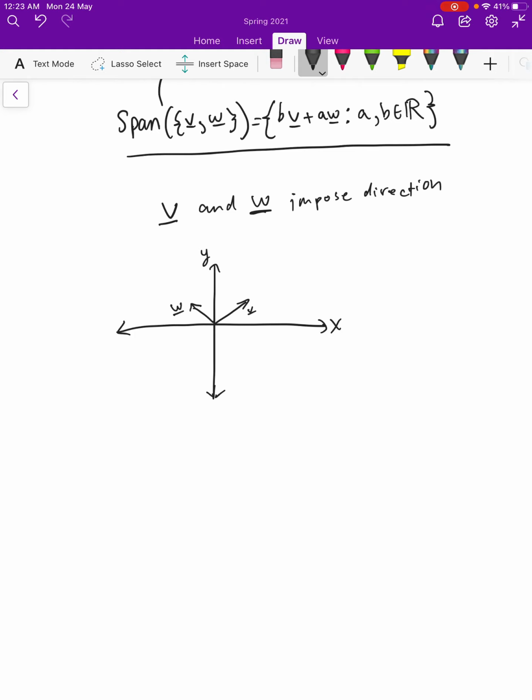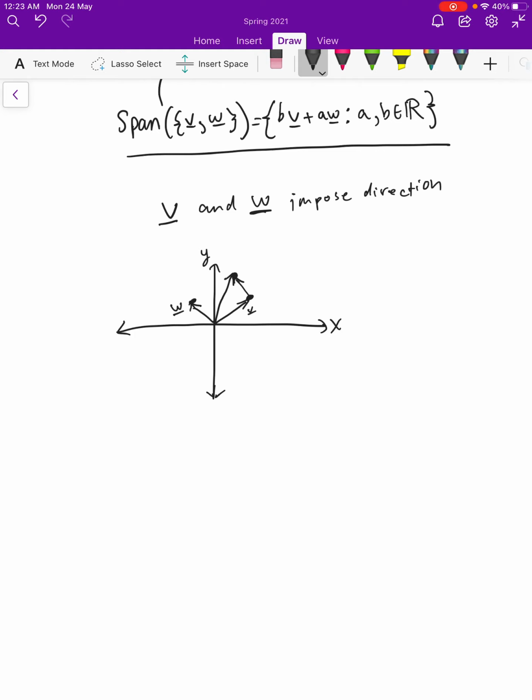So v and w are obviously in this plane, right? Because we can have b equals 1, a equals 0, and vice versa. Now, we can also have b is 1 and a is 1 as well. Then we would use vector addition, and that would give us a point over here, relative to the origin.